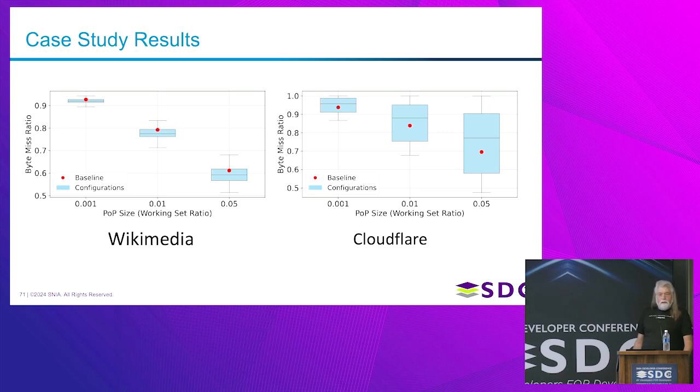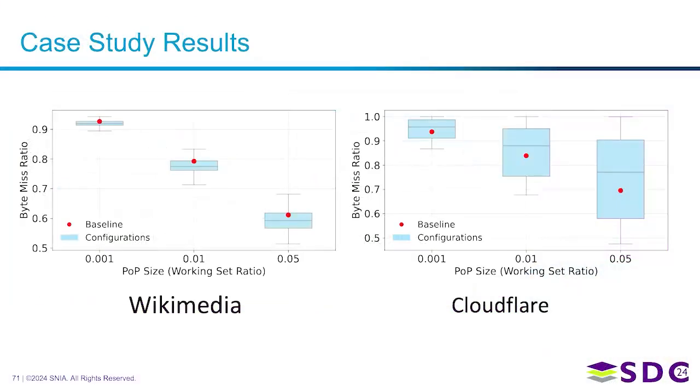And the big blue block shows all of the various different configurations that we ran against it. And you can see in just about every case that the configurations we had outperformed Wikimedia. I think maybe this means that next time when Wikipedia asks you to donate those $2, do it. It clearly shows that their content delivery network algorithm isn't as good as it could be.